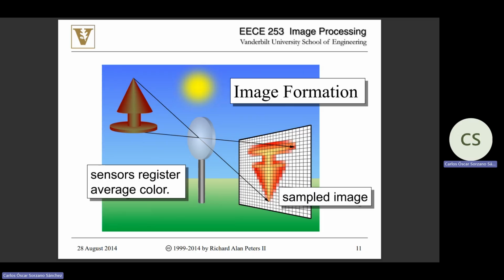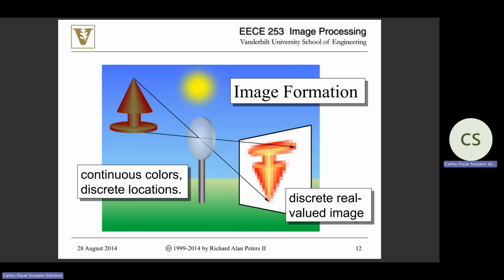Here it is exaggerated so that we can see it, but you have only a finite number of colors that you can represent in the computer. If you use numbers from 0 to 255, you can have 16 million colors. This 256 to the cube is 16 million. So you can have many colors, but you cannot have infinitely many colors.